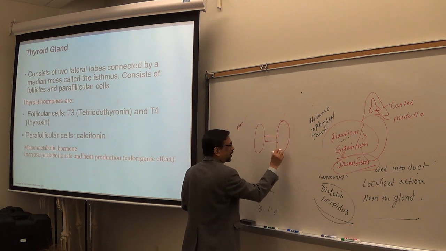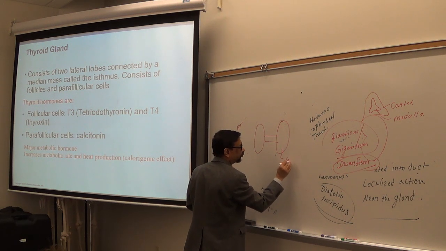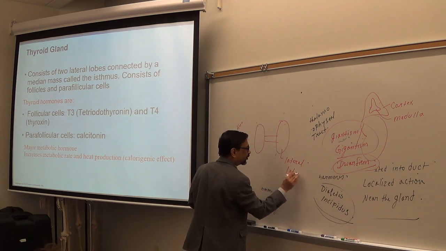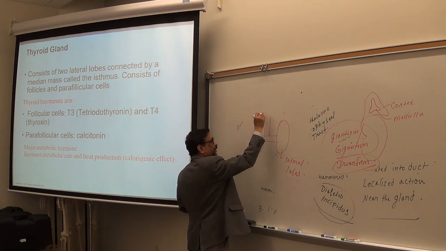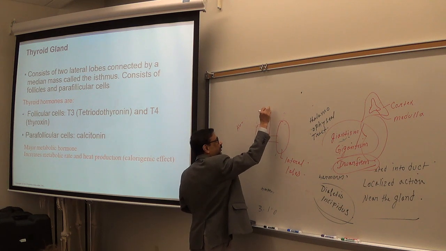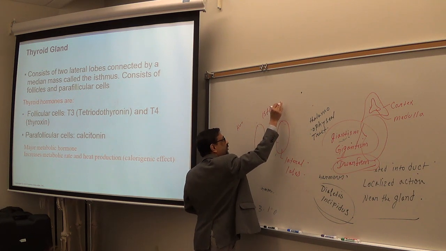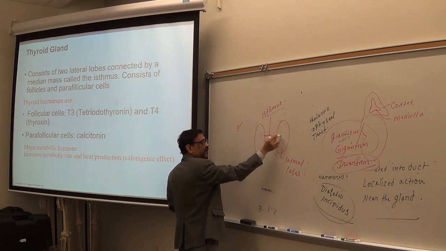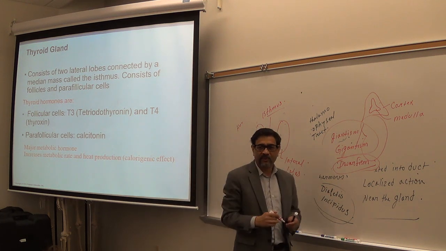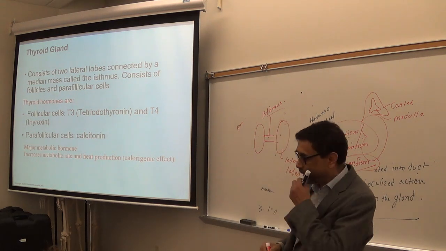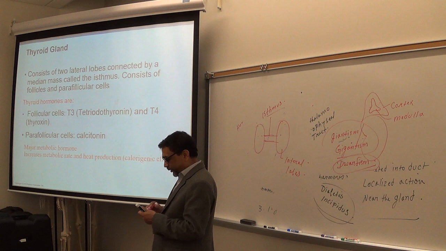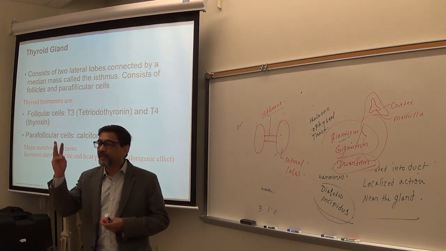These are called lateral lobes and connected by isthmus. So this is isthmus connecting two lateral lobes. So that is the thyroid gland. Thyroid gland produces three hormones.